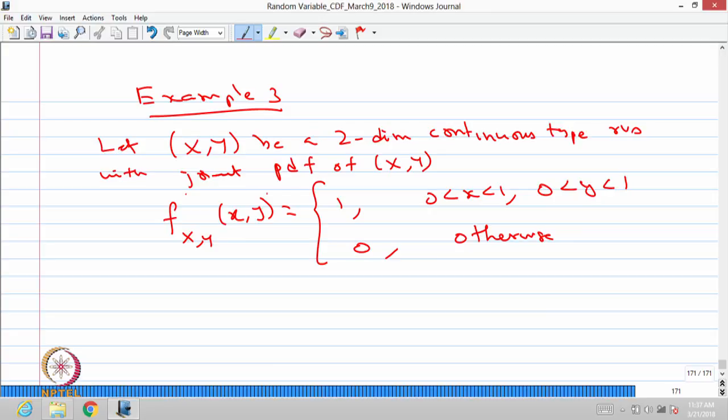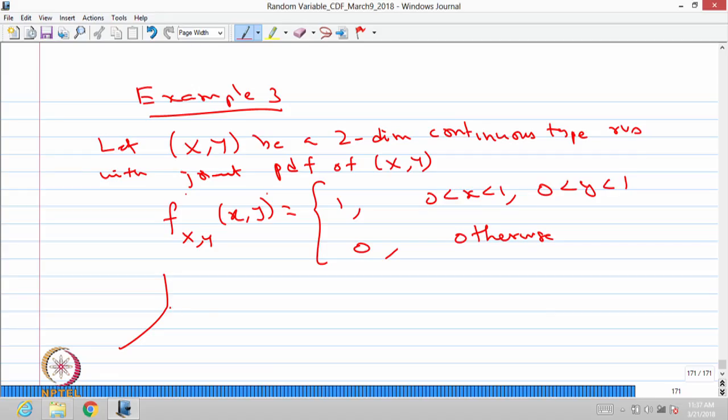So, this is the joint probability density function of x comma y. You can verify it: this is x, this is y, this is the joint probability density function. It takes the value 1 for x between 0 and 1 and y also between 0 and 1.